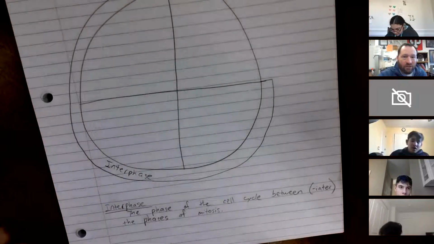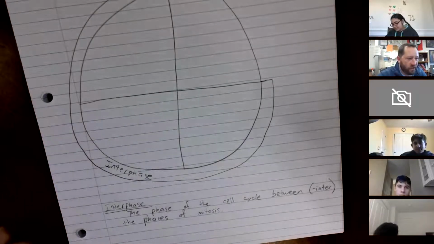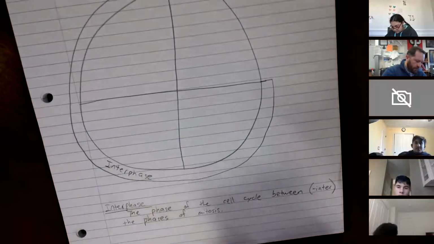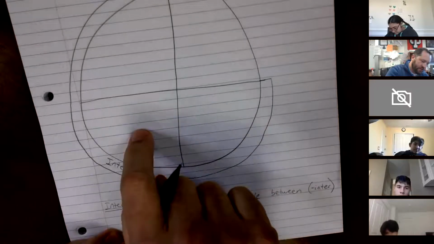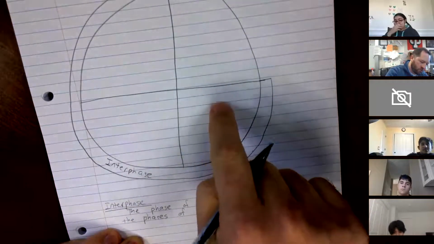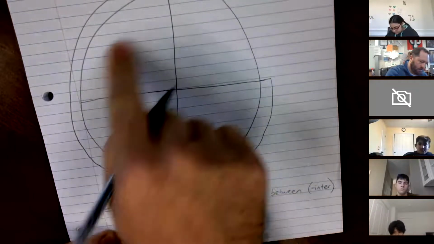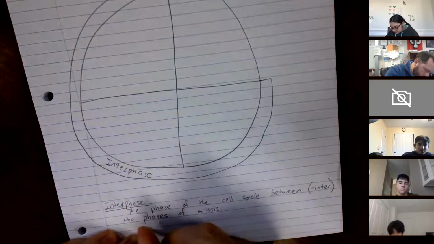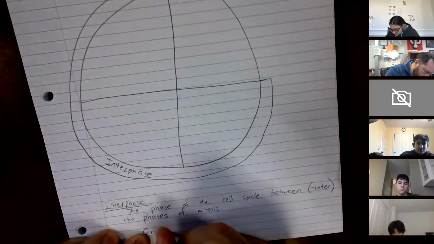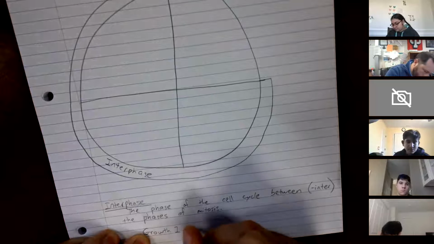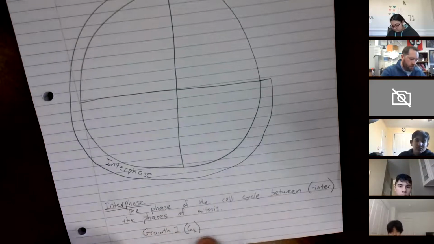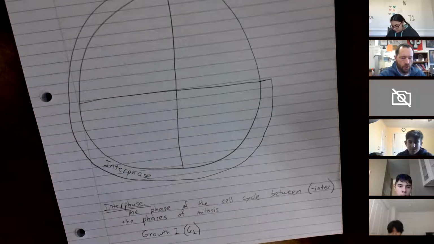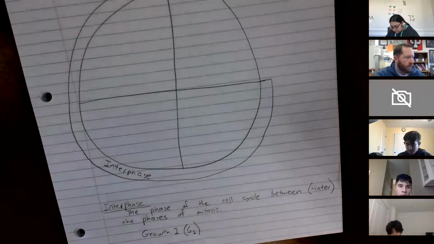And although it might look like there's not a whole lot going on, there really is. So the three phases of interphase, we're starting this one here, beginning of a cell's new life. This is called G1 or growth 1 phase.